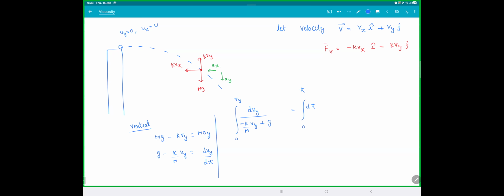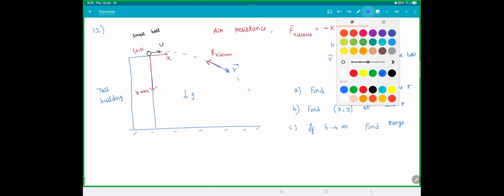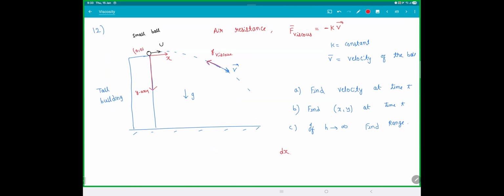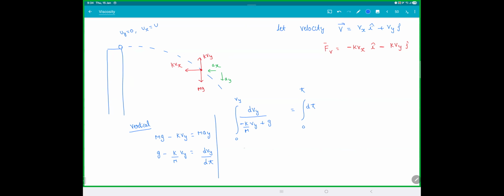This thing looks like ax plus b. In case you don't remember, I'll write it down: the integral of dx by ax plus b is 1 by a ln of ax plus b. Get used to this integration; by now you must have seen this 3-4 times. In place of a we have minus k by m. So this is minus m by k ln of (minus k by m vy plus g).